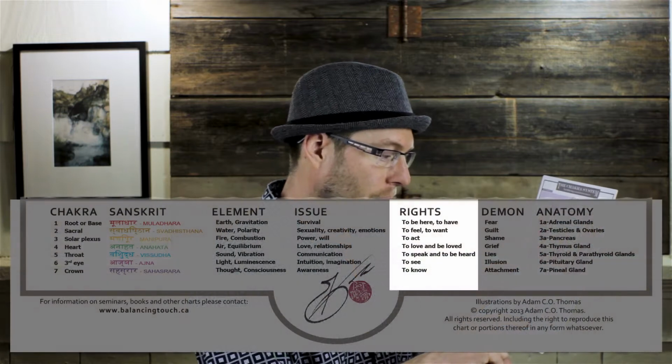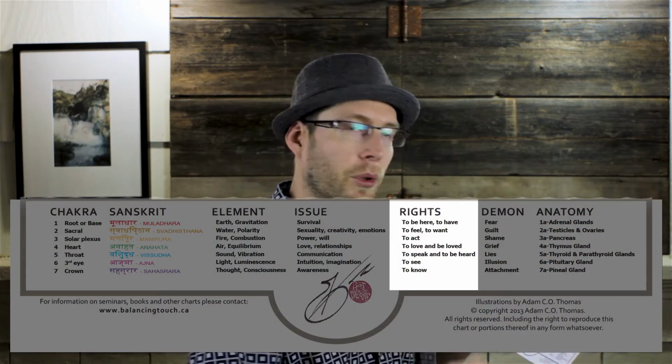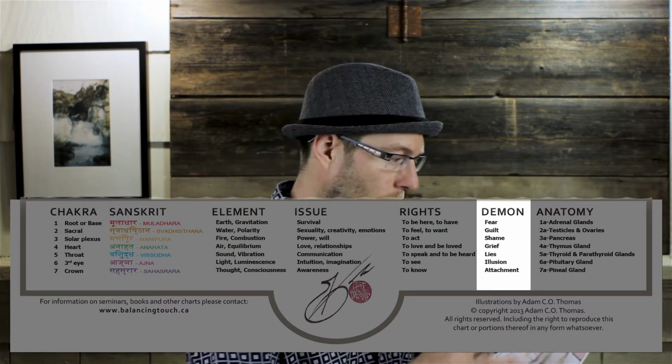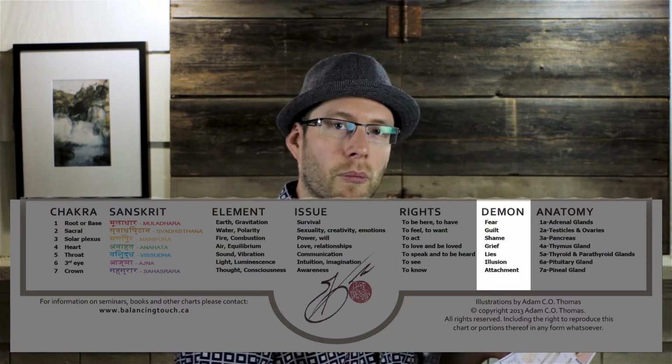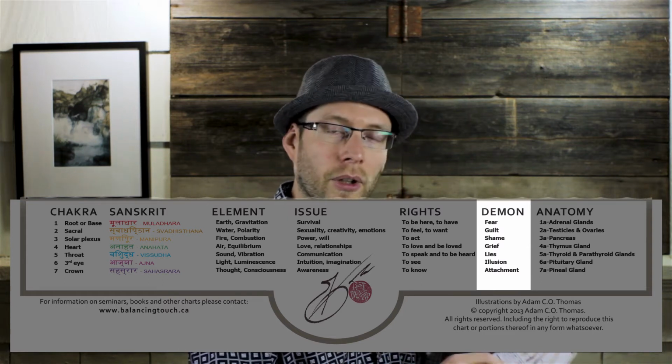So the right of the root chakra is basically to be here, to have. And then we have the demon, so the antagonist to this chakra system, or the darker aspect of it, and it's fear, right? So what you feel when this chakra is imbalanced is, fear can happen really easily, for example.